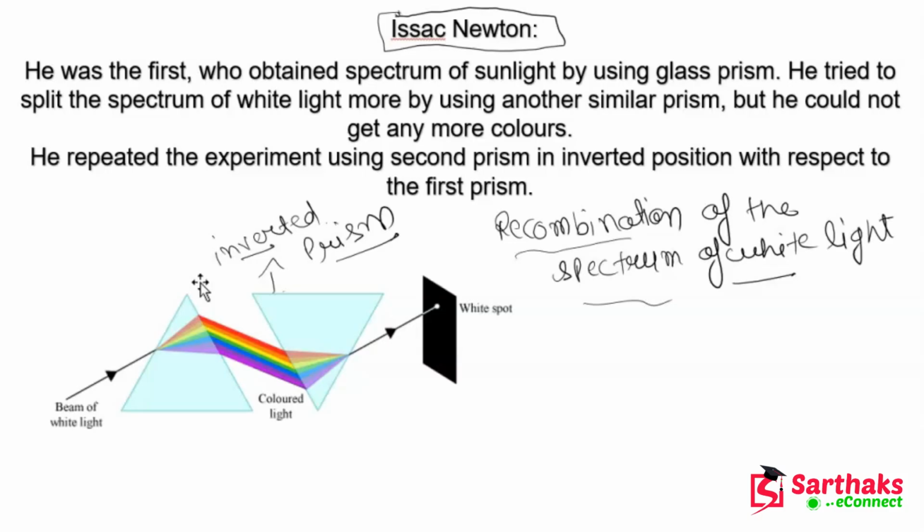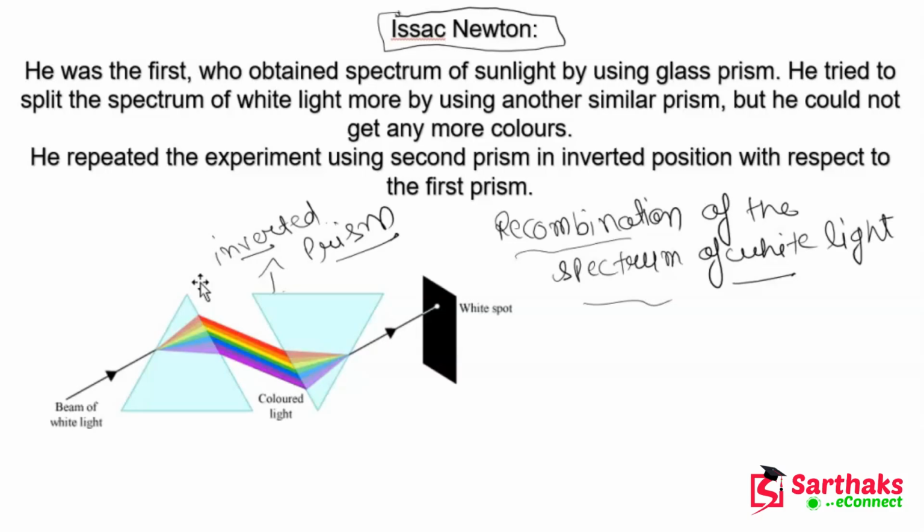You can see what we did: we place a prism here and throw a beam of light on this surface, and the light splits into the 7 colors. When we allow these 7 colors to pass through another prism placed in an inverted position, the light recombines and again becomes white light.